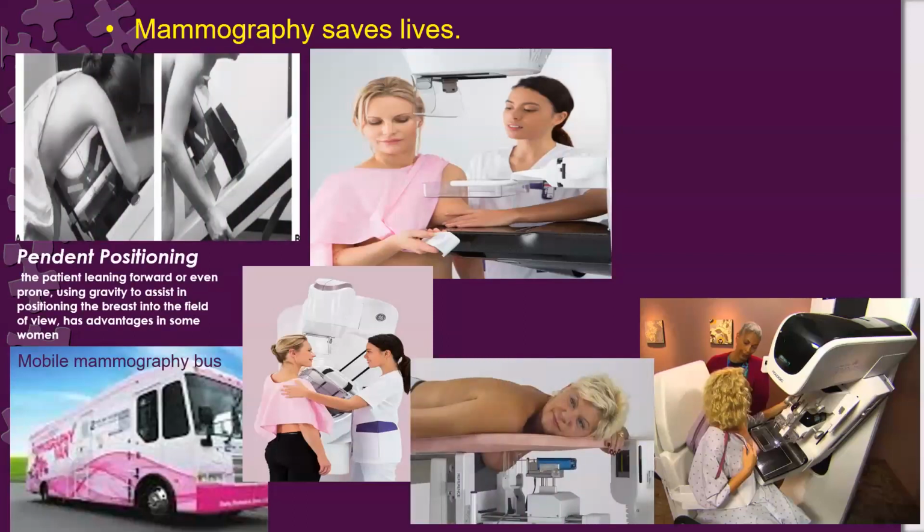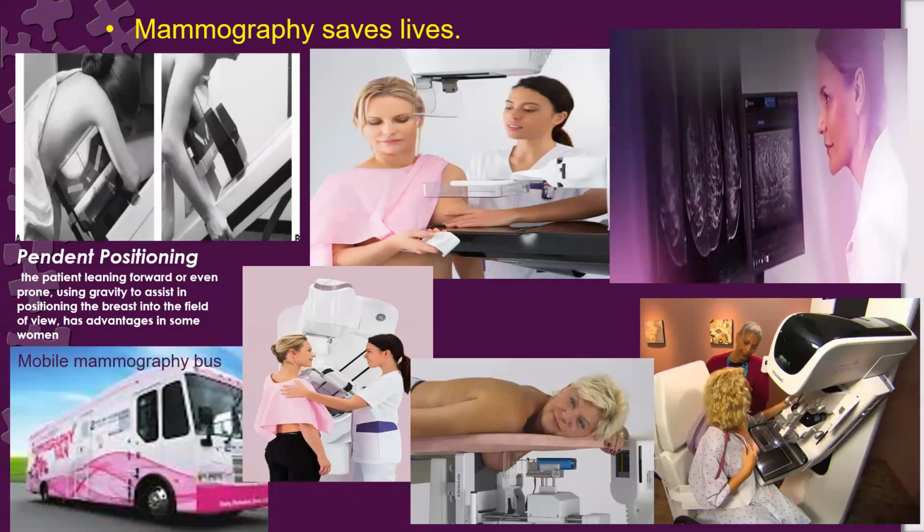The patient can also lean or bend forward or even lie prone to use gravity, pulling the breast away from the chest wall. It is usually performed by the technologist and reported by the radiologist.